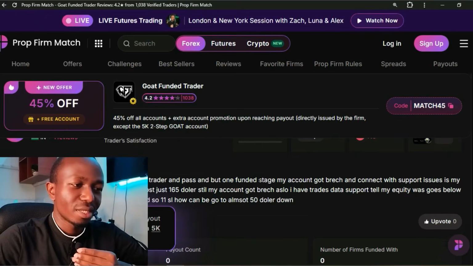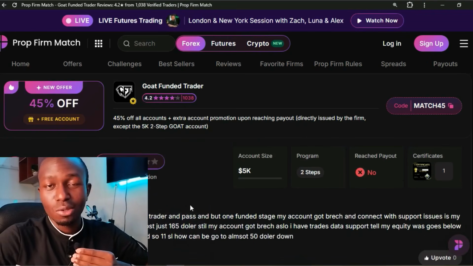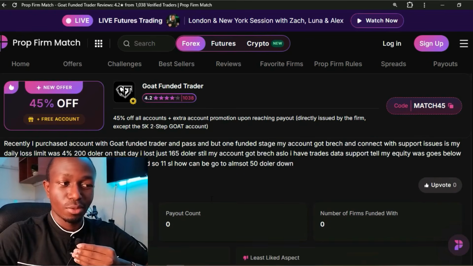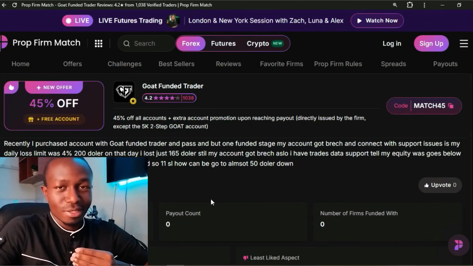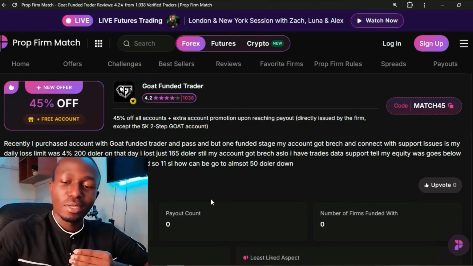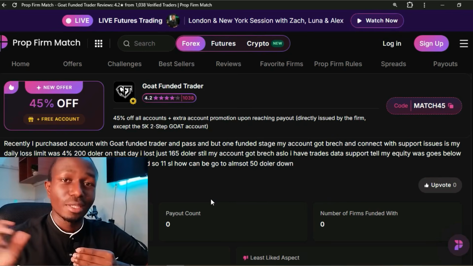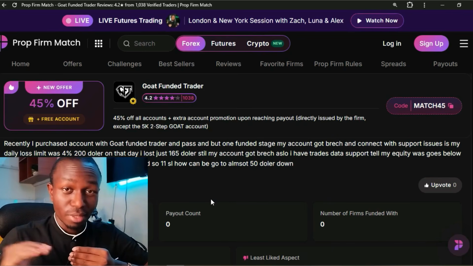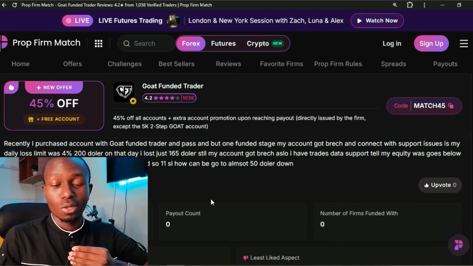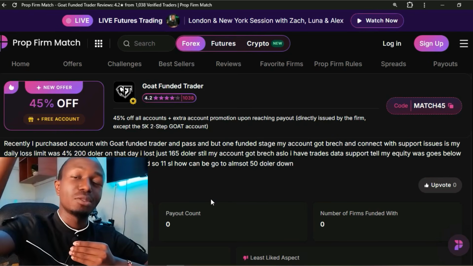So basically, this guy is giving a 2-star review because they lost their account through a daily drawdown, and that's usually the main case. You don't understand how to calculate the daily drawdown. It's calculated based on the balance at the start of the day. But if your equity breaches that limit, then you lose your account, even if the trade goes back into profit.